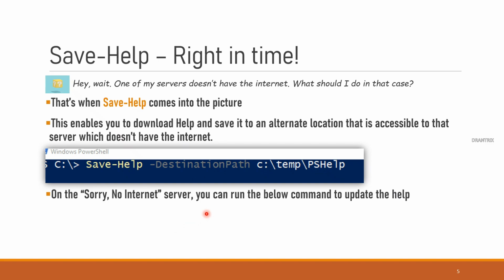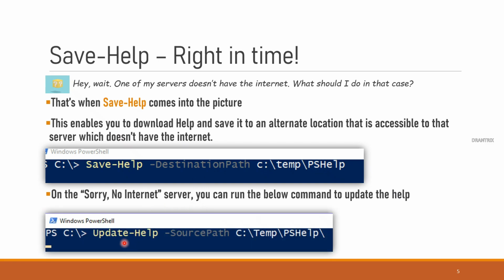And once you have copied them, all you have to do is use Update-Help with the source path, and you just give the path. This pshelp path will have all the files that you copied from the other server, so that it will get updated.